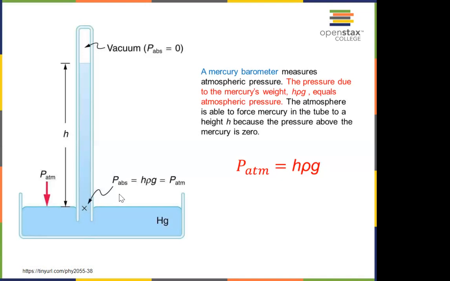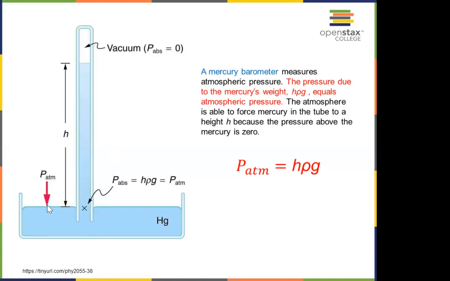For mercury, it's about 760 millimeter height, or roughly 30 inches. The pressure at this point should be the same as the pressure over here, which is the atmospheric pressure, because that's equal to all the air above it divided by this cross-sectional area.